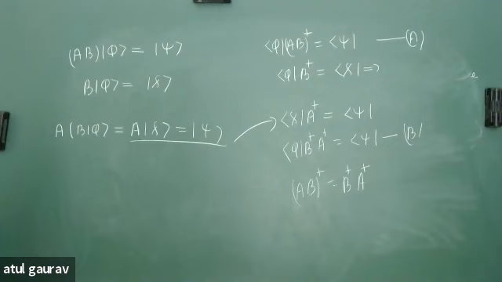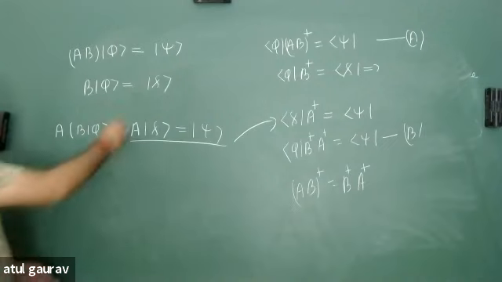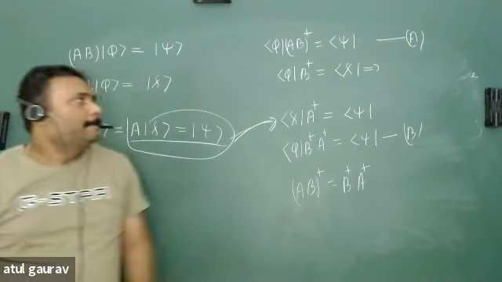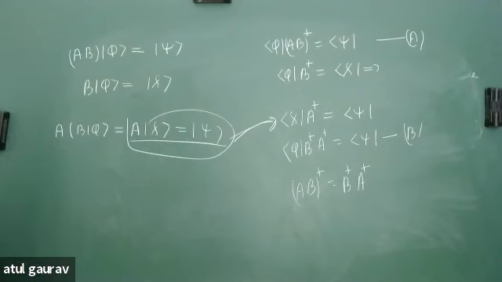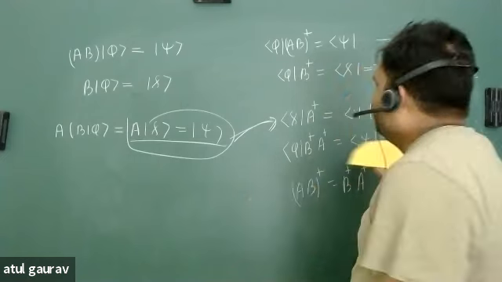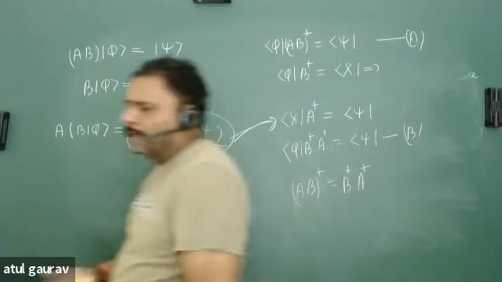So this ket of psi will also transform into bra of psi, same as here. Are you getting it or not? You have to respond if you are asking the question. Okay. And now this is the whole structure of this operator.